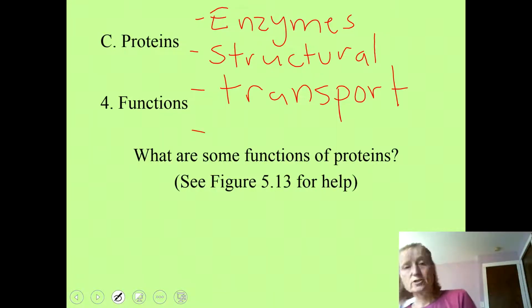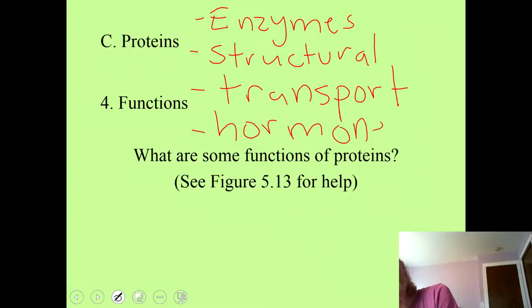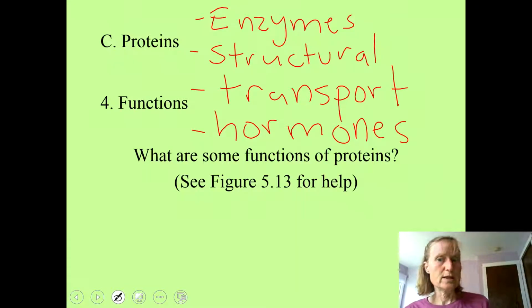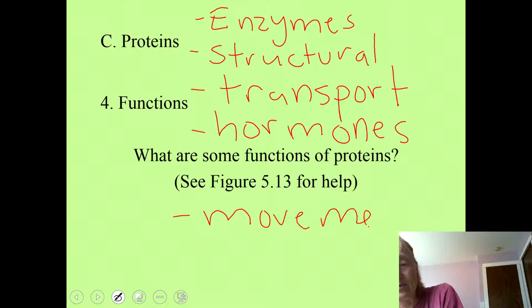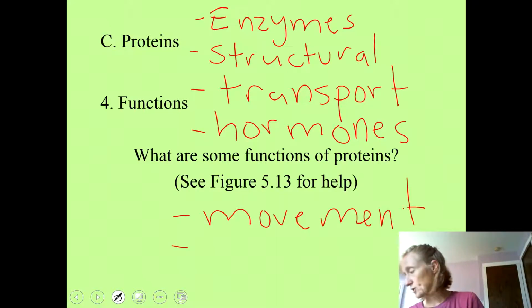What else do proteins do? Oh, some proteins are hormones, like insulin. That hormone that helps us take in and use glucose is a protein hormone. Some proteins help in movement. You've maybe heard of actin and myosin proteins. They're involved in muscle contraction.